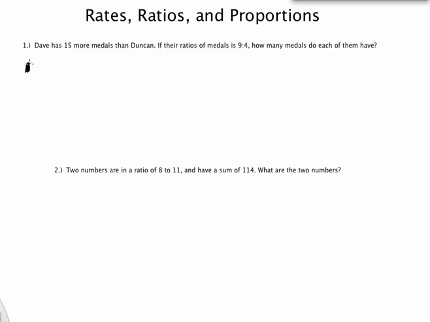Well, let's wait for the pen to get going. There we go. Dave will be here. Duncan will be right below him. I'll just abbreviate him Dunk. And then the difference is the last column that we have.